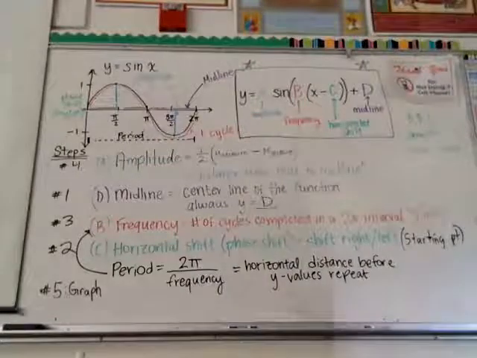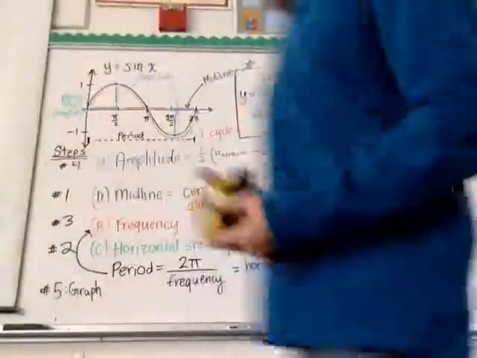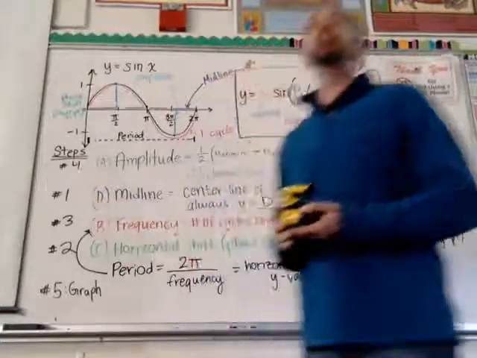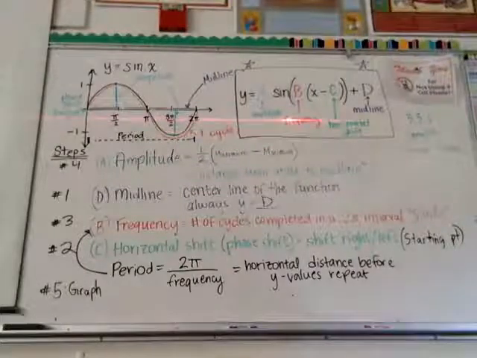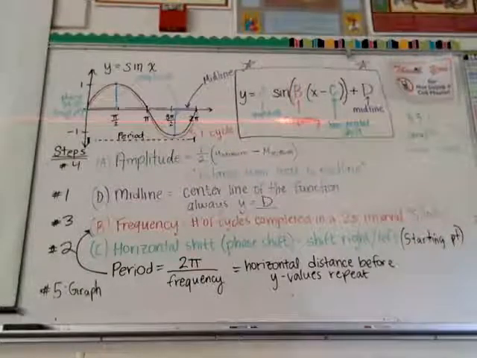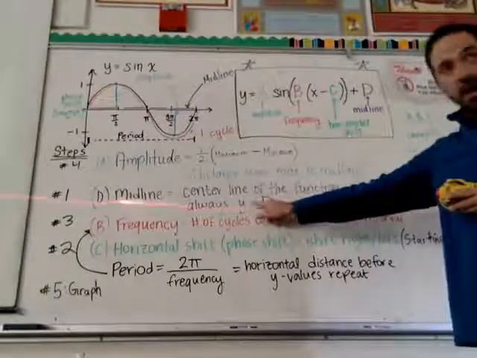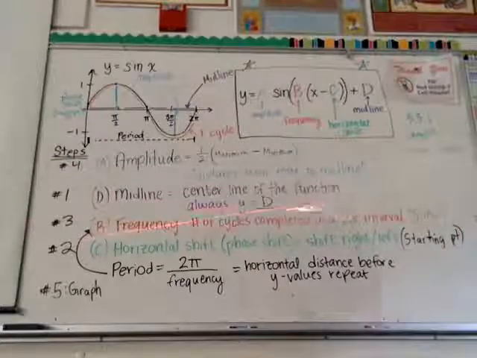Okay, so when we look at this, it's pretty easy to see what the midline is. Step 1 is going to be finding the midline. Now you tell me, there's a line there already, but this is obviously not the midline, right? The midline is the center line of the function. It's always expressed as y is equal to something, because all horizontal lines are y is equal to something.